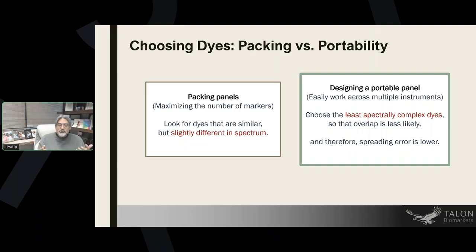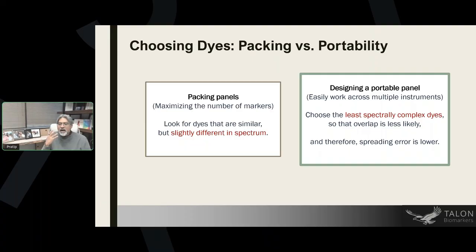And we choose markers to investigate that are maybe exclusively expressed by different cell types, and so on. That's really when we are trying to put the pedal to the metal and do the coolest, biggest panels, right? Spectra that are just ever so slightly different in order to pack in as many of those as possible.